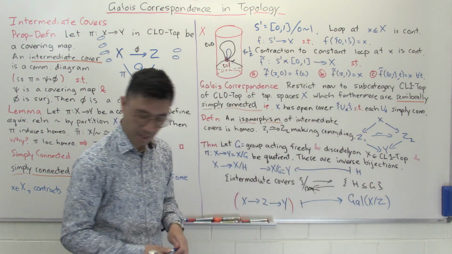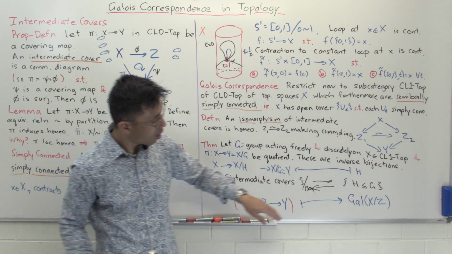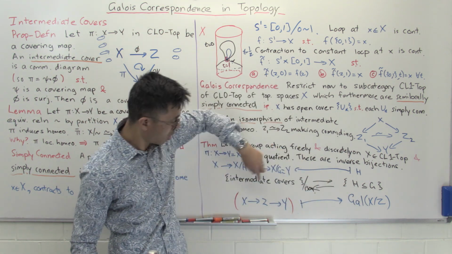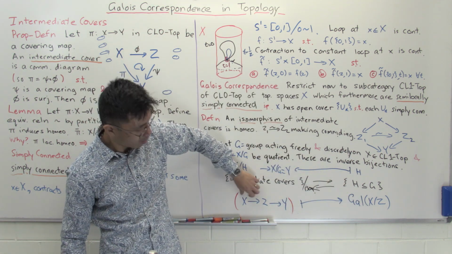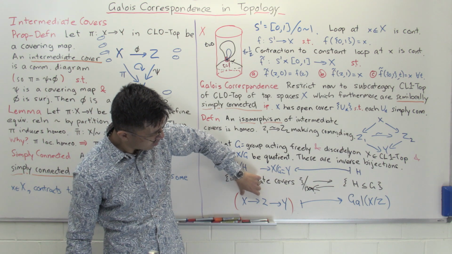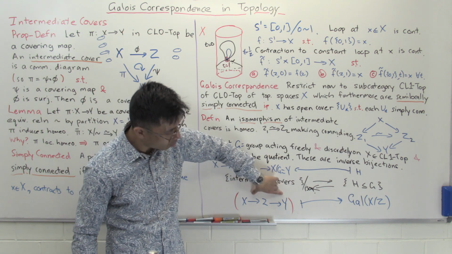It's not hard to see that if you have an element in here, a homeomorphism, an automorphism of X with respect to this map, then since you're adding something here, it will also respect that map.